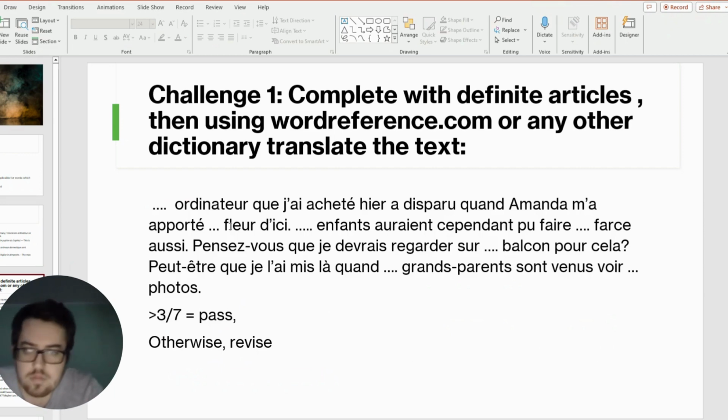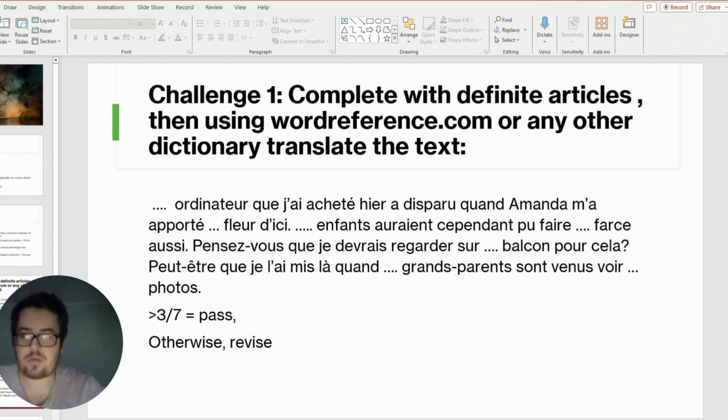Otherwise, you need to revise a little bit more, maybe go back and see where you could have done better, or you may follow along with my solution as well, because I'm also going to translate the text.